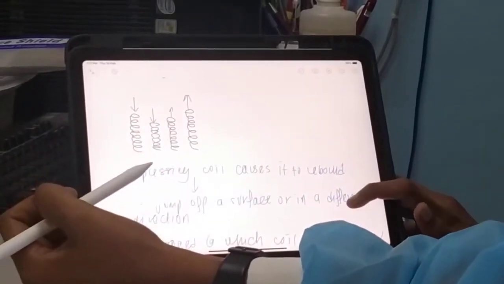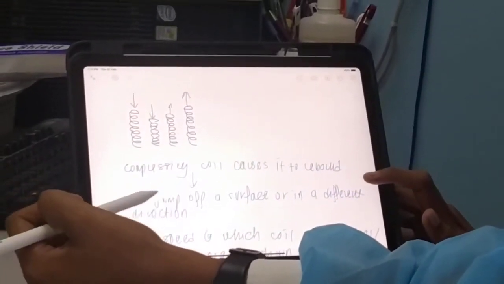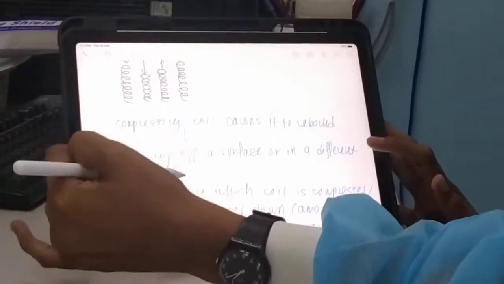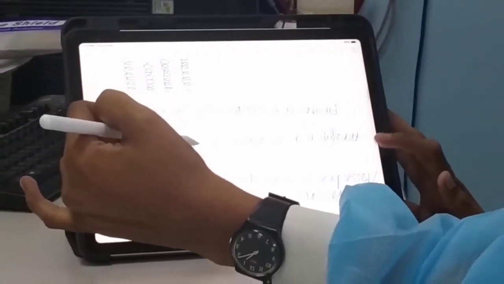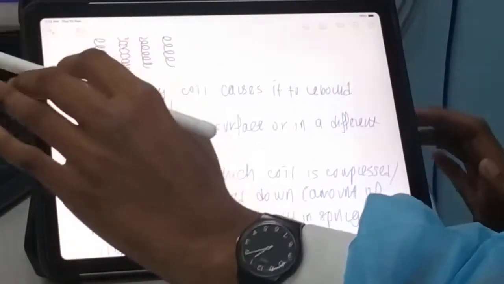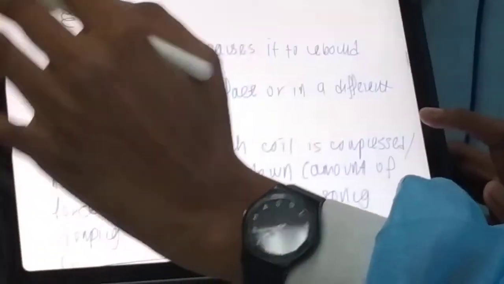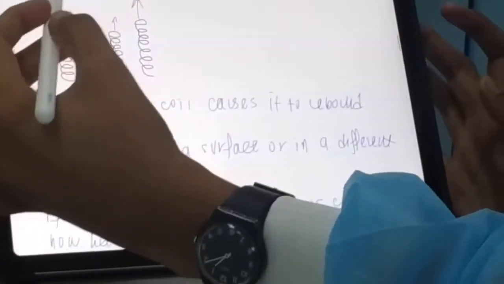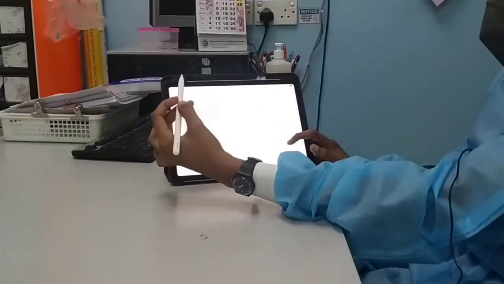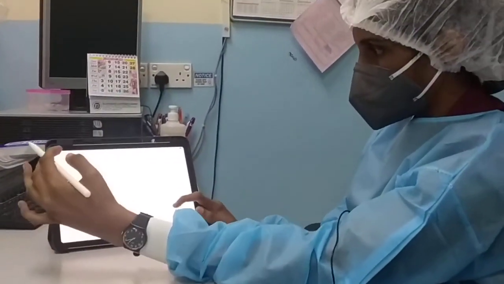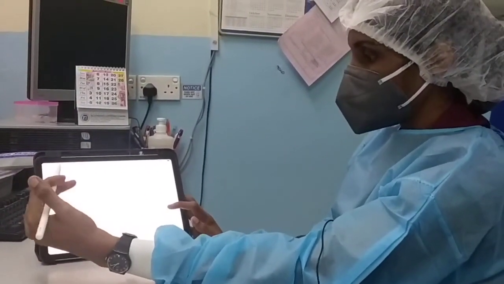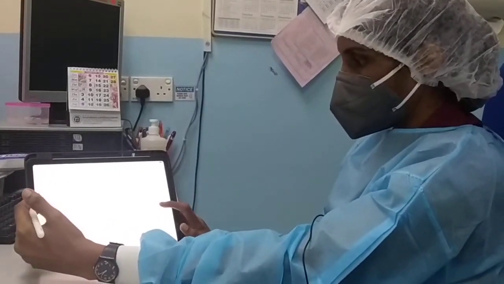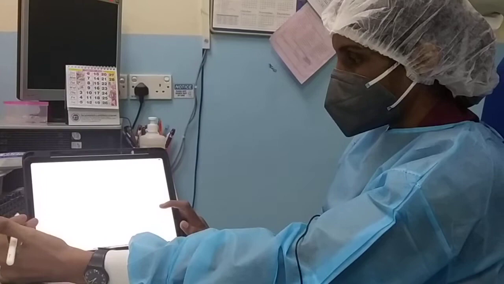If the speed at which the coil is compressed increases, or how hard it is pressed down, the amount of force applied will result in jumping higher or further. If you put in higher force, you will get a higher output as well. That is what we call the rate of loading, which is very important.